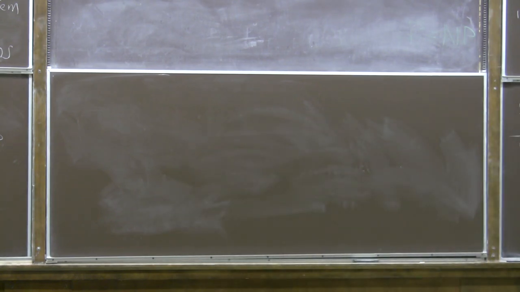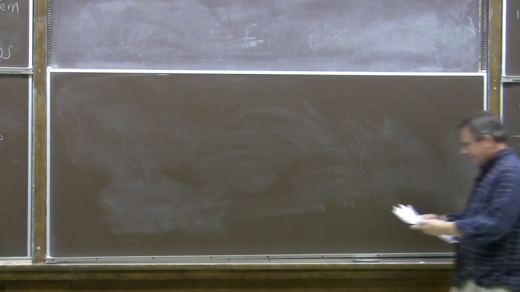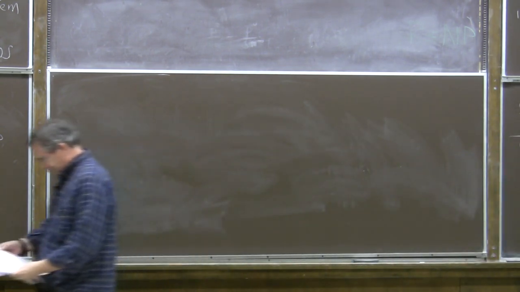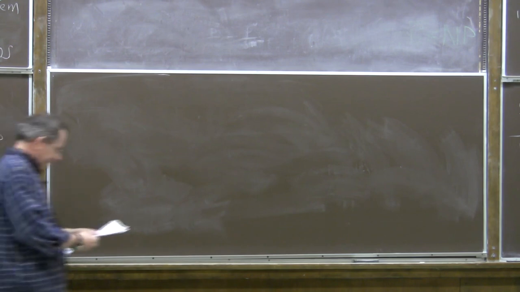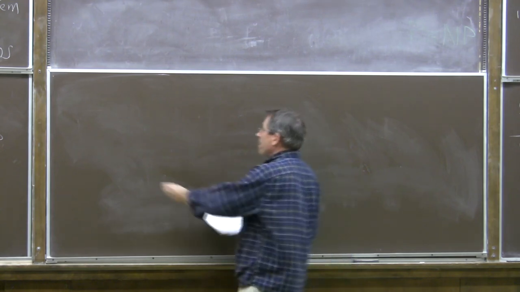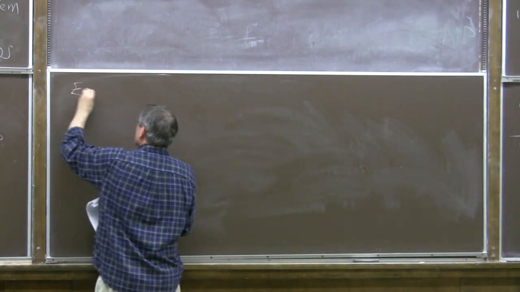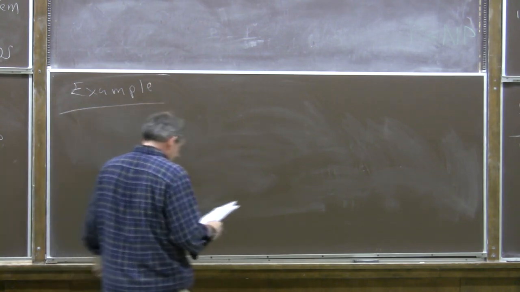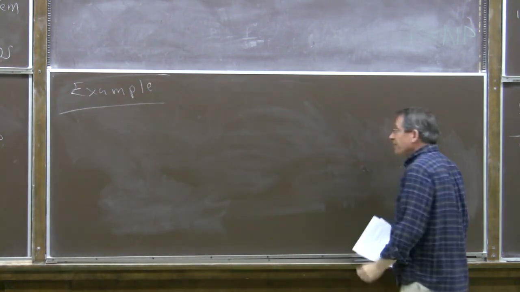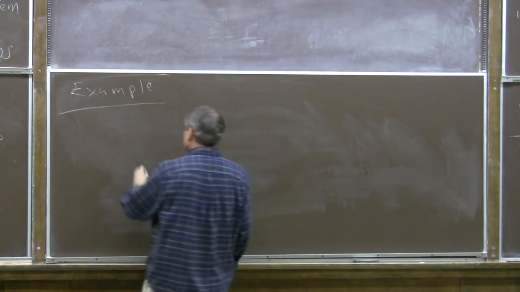Okay. So, we have a little example of where we can use the Gibbs sum. We have a piece of semiconductor, maybe it's silicon.